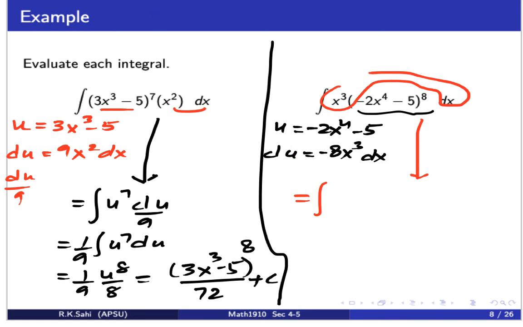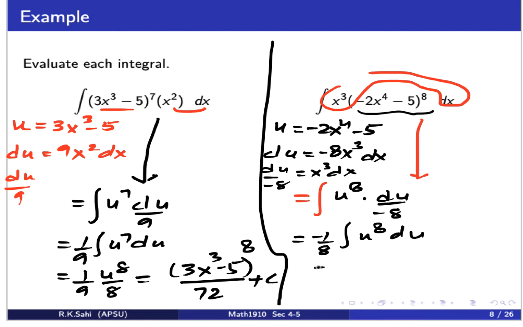I forgot to do that here. So du over minus 8 equals x cubed dx. So when I make the changes, I'm going to have u to the power 8 times du over negative 8.